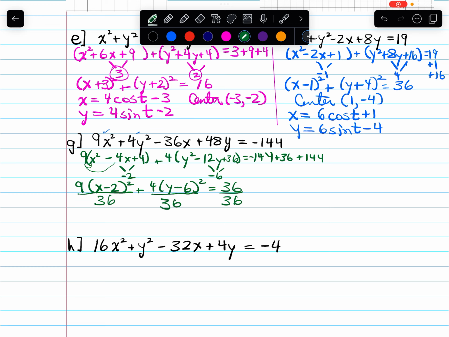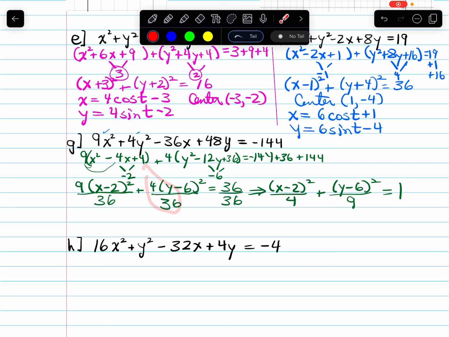And I get 9 over 36, that's just 1 over 4. And then (y minus 6) squared over 9. Yeah, like that. I've just reduced this fraction, 4 over 36.